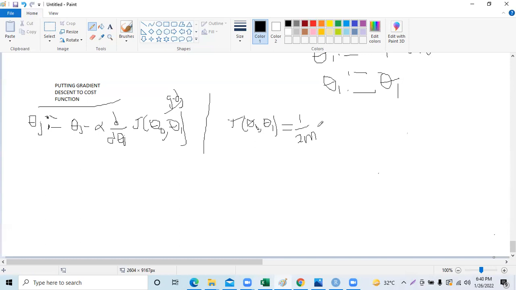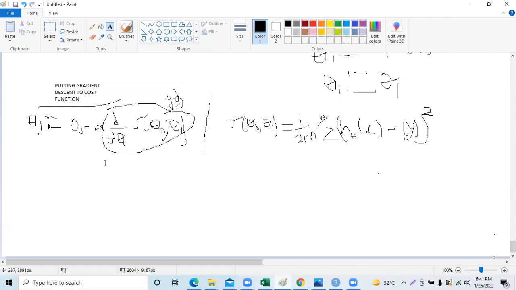Into summation, we have m here, of h of x minus y, all squared. So we want to solve for this derivative term. We want to apply gradient descent to minimize our squared error cost function. Let me write that out for emphasis sake.